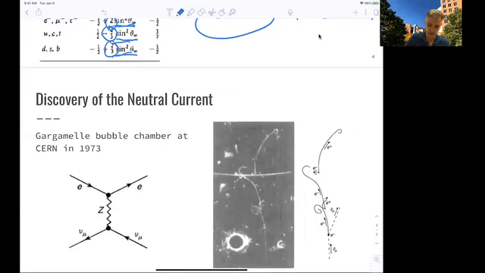This picture illustrates the interaction of a neutrino coming into the bubble chamber, interacting with an electron, and then scattering off, kicking off the electron. What you see here is this incoming, indeed an antineutrino, kicking off an electron. See the electron here.